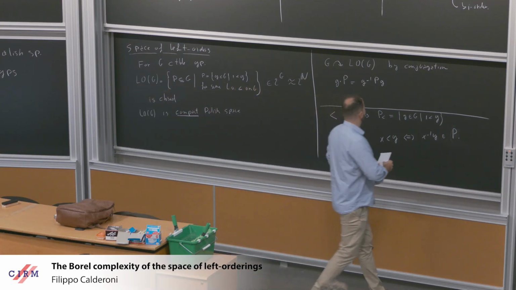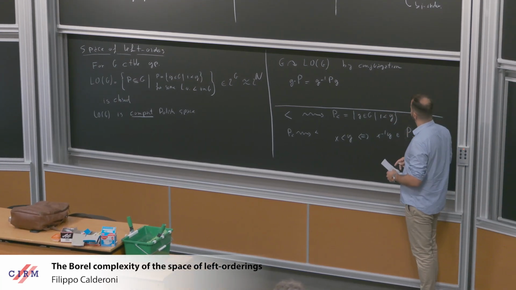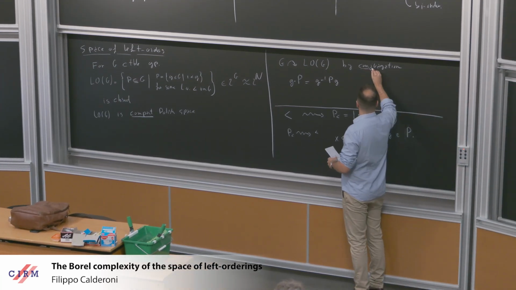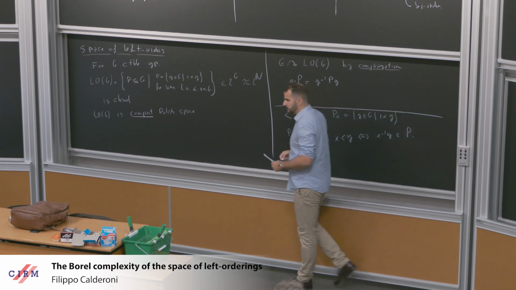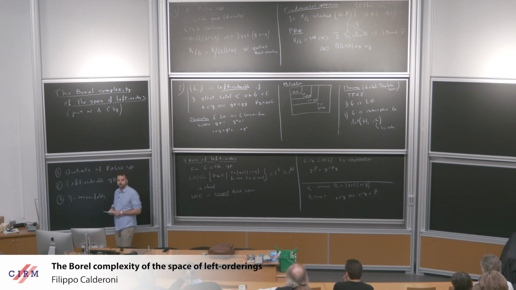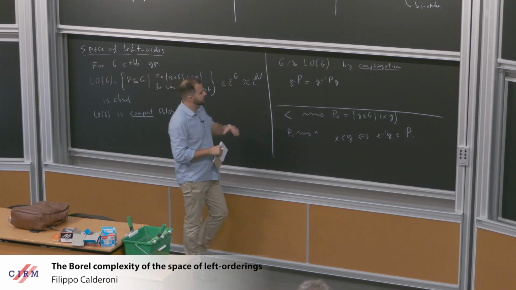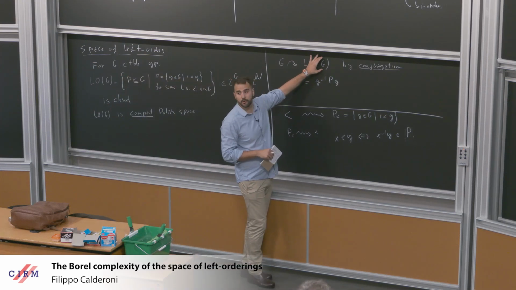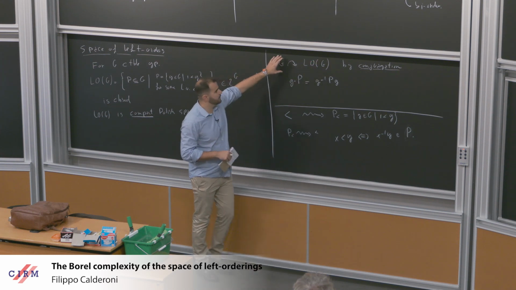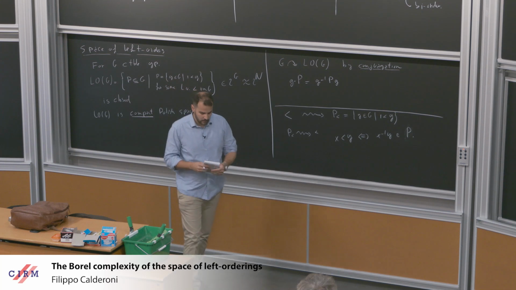Okay. So here I defined this action by conjugation. This is not something new in the literature. It's been studied by various people in group theory and dynamics, studying the interplay between algebraic properties of G and dynamical properties of this conjugacy action.